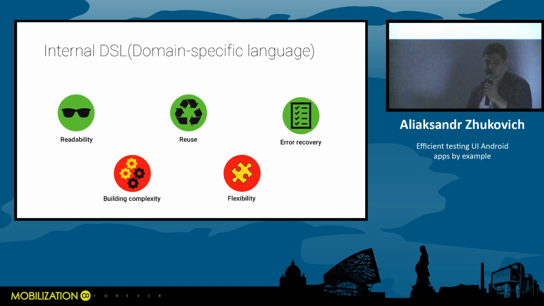Of course, we can create an internal DSL and spend some time. We can improve it during application development, and internal DSL solutions can provide some benefits and create some problems for us. Let's start with the benefits. First of all, it's readability, because any code with DSL is much simpler.